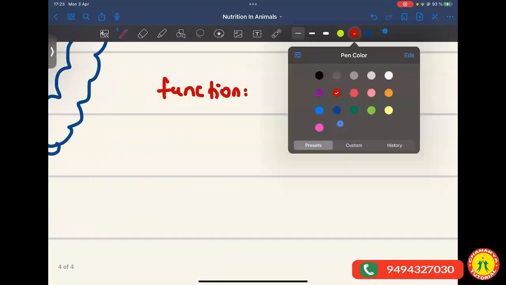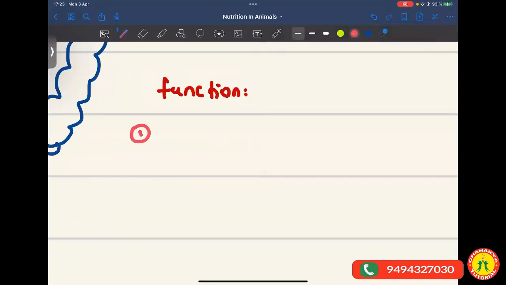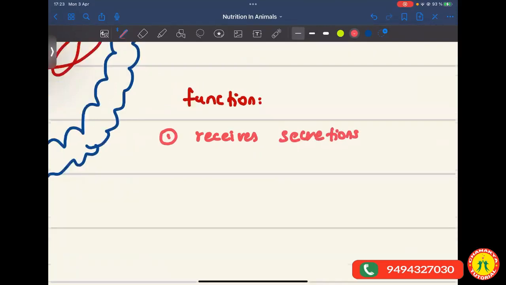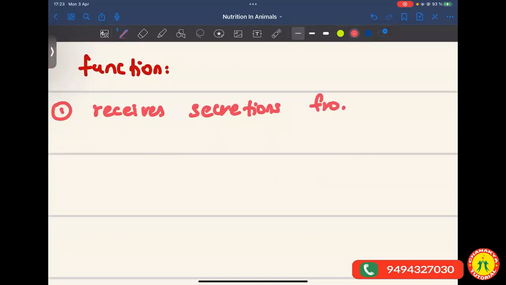Firstly, it receives secretions from two important organs. I've already mentioned that the digestive juices are secreted by many organs. Can you tell me what the organs are? Can you repeat the question, ma'am?